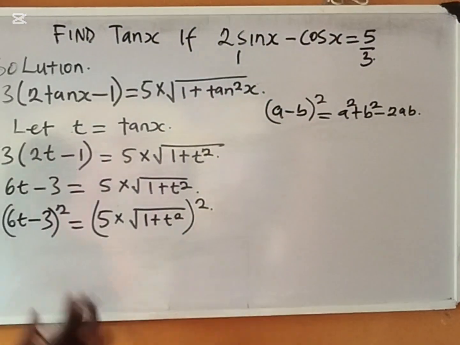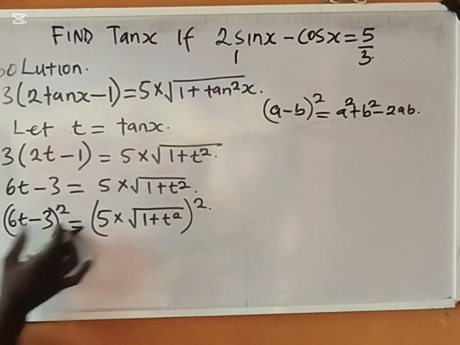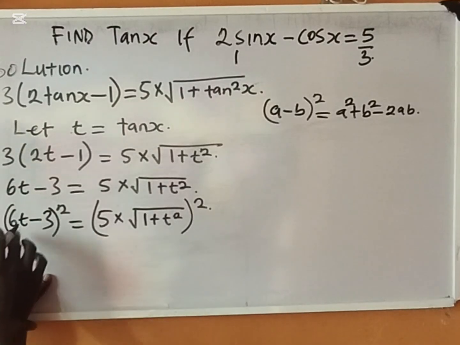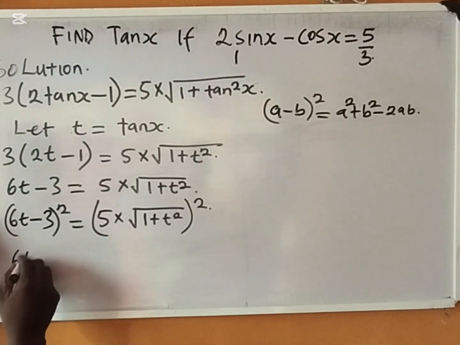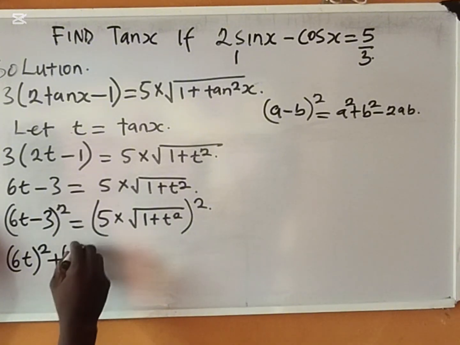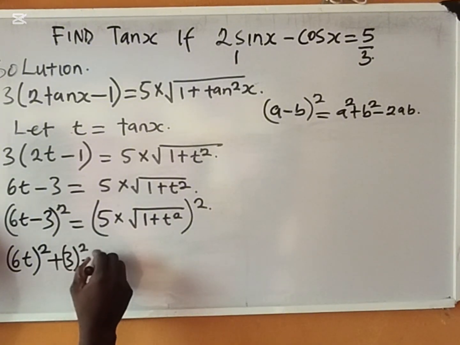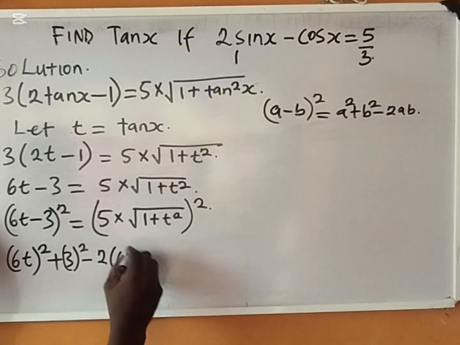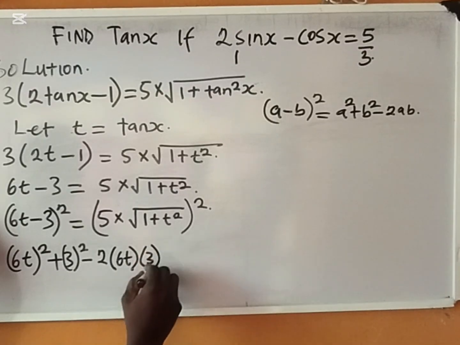We're going to apply this in expanding this because they are similar. This becomes (6t) squared plus 3 squared minus 2 into bracket 6t, 3.